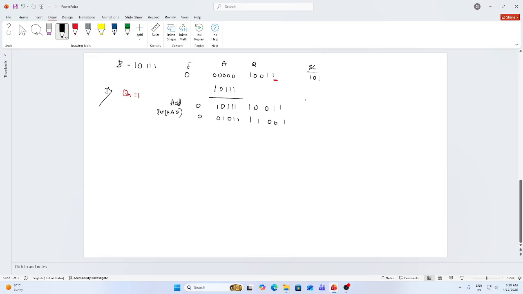This is the first partial product. Also SC will be decremented, so 5 becomes 4, for the first iteration. Similarly, do the second iteration.